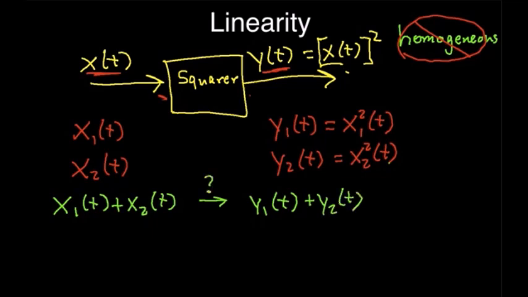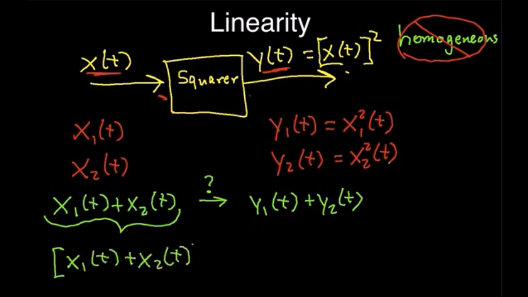That's the burning question: does the sum of the two going in give me y1 of t plus y2 of t? So let's just see what happens. If I put this into the system, the output is going to be x1 of t plus x2 of t, that whole quantity squared.